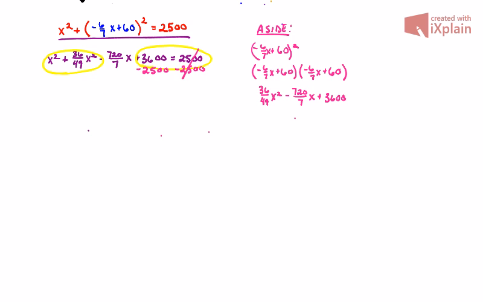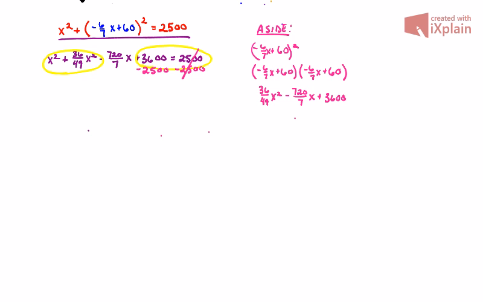I have a coefficient of 1 in front of here, and since my other term has a coefficient of 36/49, I'm going to go all the way back to my knowledge of fractions, and make it so that this 1 has a denominator of 49.